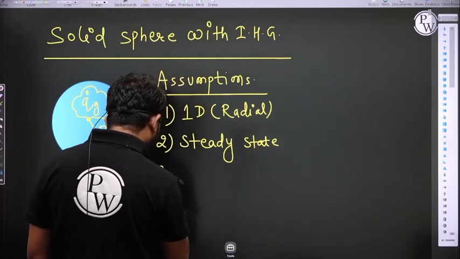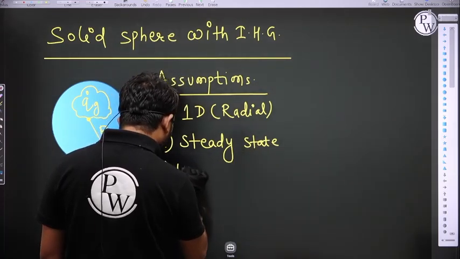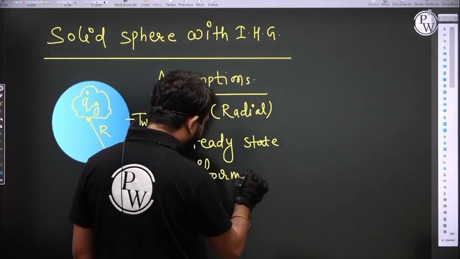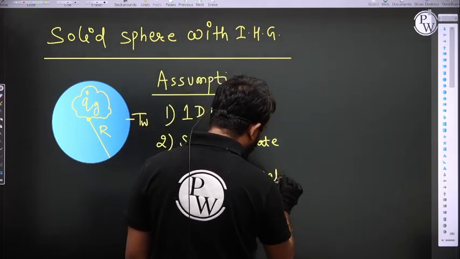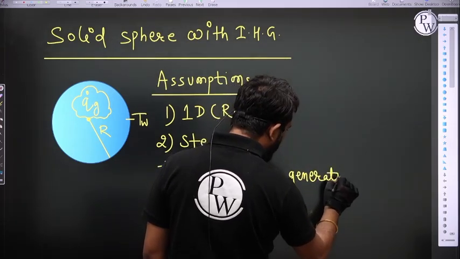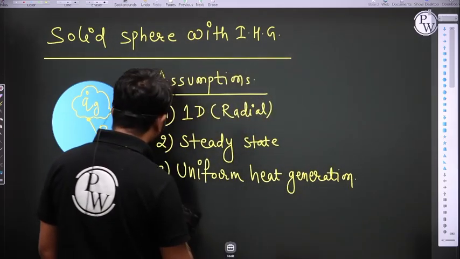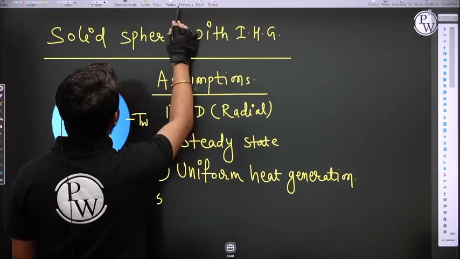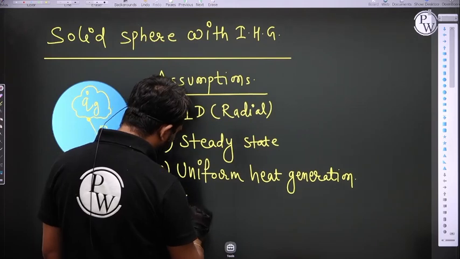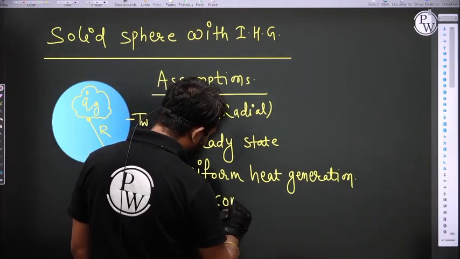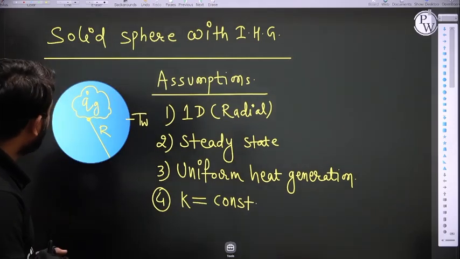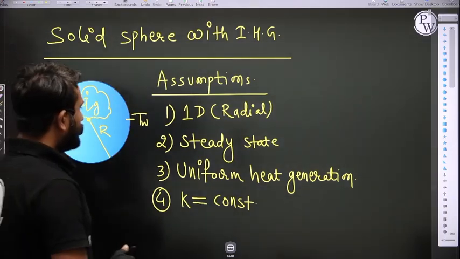The third assumption is uniform internal heat generation. What is the fourth assumption? The fourth assumption is that thermal conductivity is constant. Is it fine?